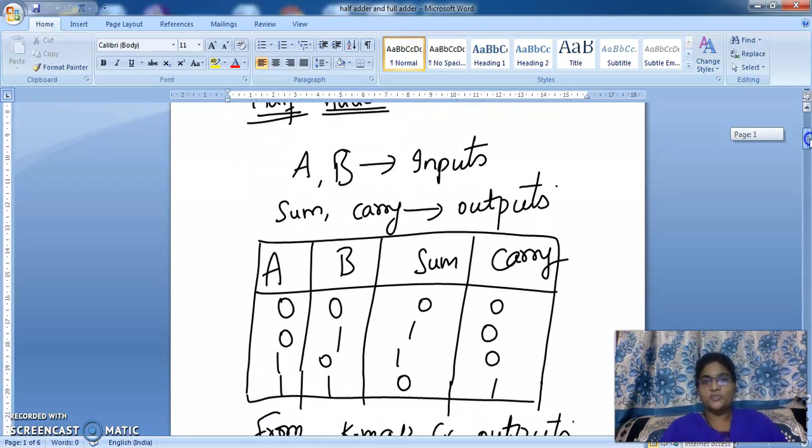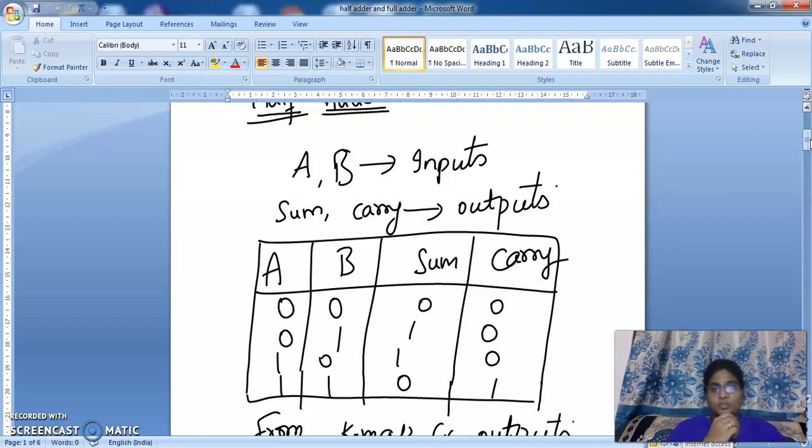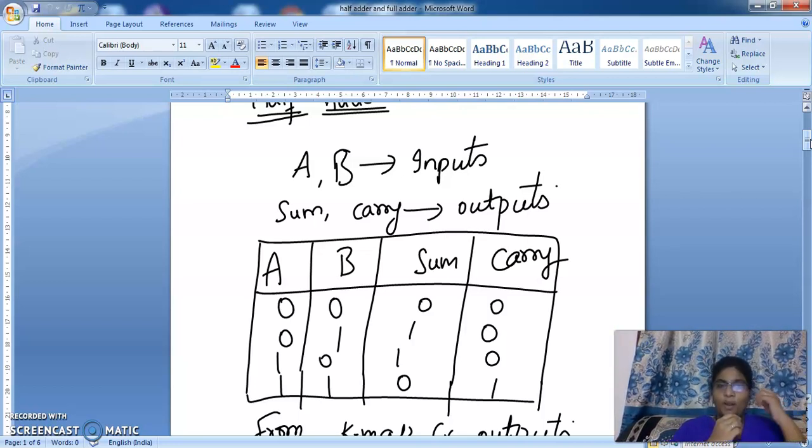First we will write the truth table of this half adder. Here we have two inputs. That's why we have how many combinations? We have 4 combinations. Those are 0 0, 0 1, 1 0 and 1 1. For those 4 combinations, we are going to check the sum and the carry.